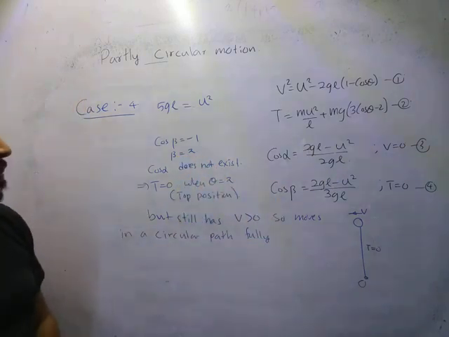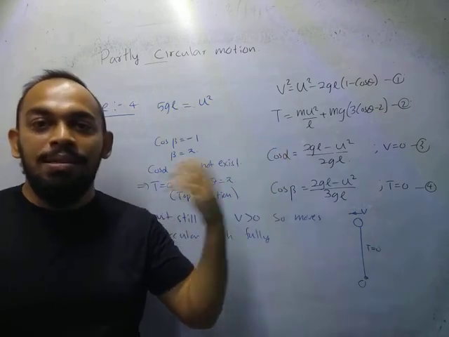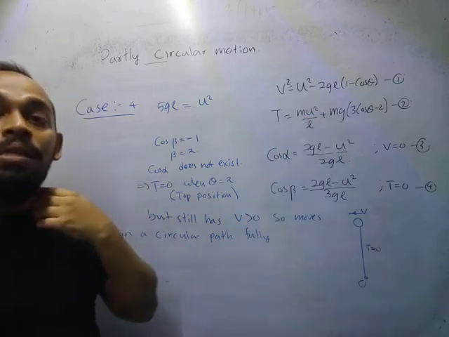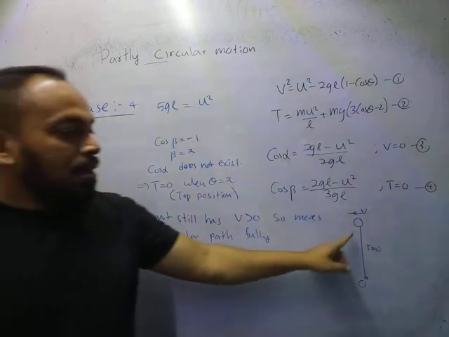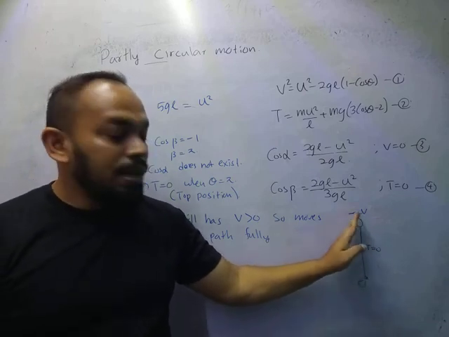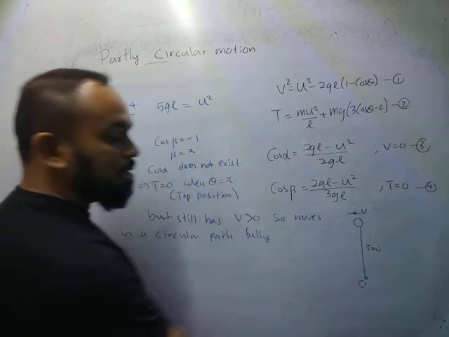Velocity never becomes 0, so there will be a velocity when the particle is at its topmost position. Now at this moment tension becomes 0.